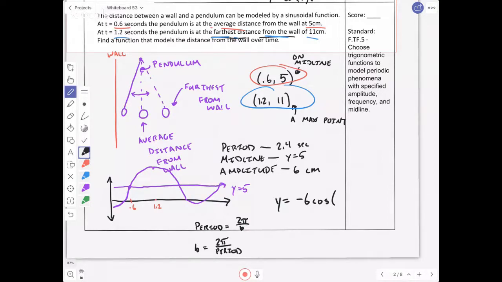So if the period is 2.4, I'm going to put 2 pi over 2.4, and cosine of t, we'll use t for time, and then the midline is 5, plus 5. There's my answer.